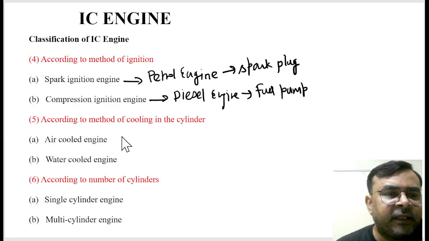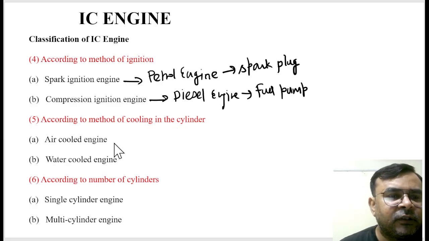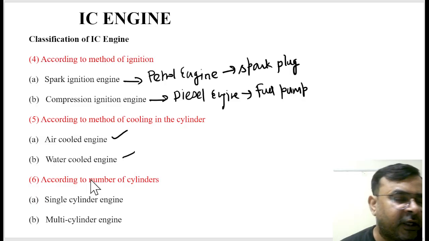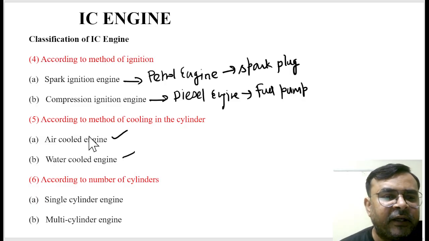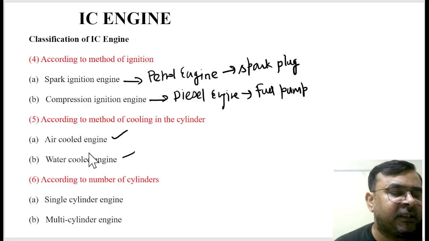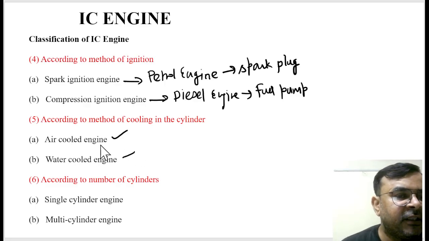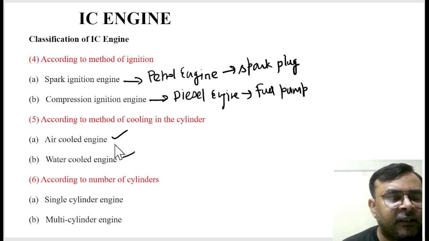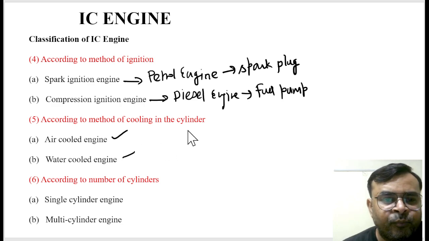Okay. And next, according to the method of cooling, of course it may be an air cooled engine or a water cooled engine. Is it right? So if I talk about bikes, then generally all the bikes whose capacity is up to 350, generally we make air cooled engines. And for this, you have seen in your engine, the fins are provided like this.